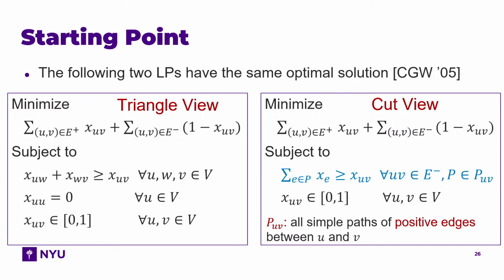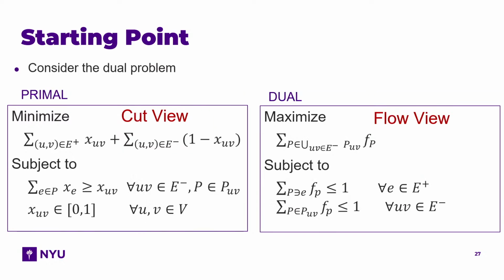It doesn't matter so much for the cut view. You only need to know this is the cut view of the algorithm. Once you have a cut, we always have a flow, right? If the primal is the cut, then the dual is the flow. So we will have a corresponding flow for this cut. For this flow, we need to consider a lot of paths.